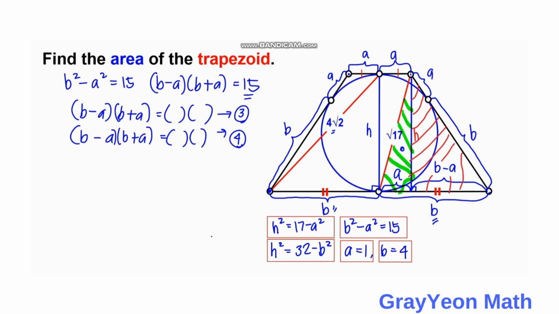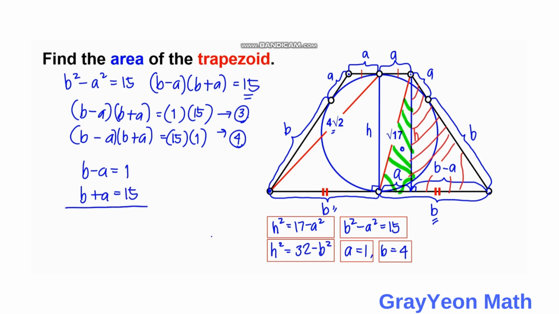Okay, so next we factor this 15 again, but this time we use 1 and 15, and 15 and 1. For instance 3, we have b minus a is equal to 1 and b plus a is equal to 15.